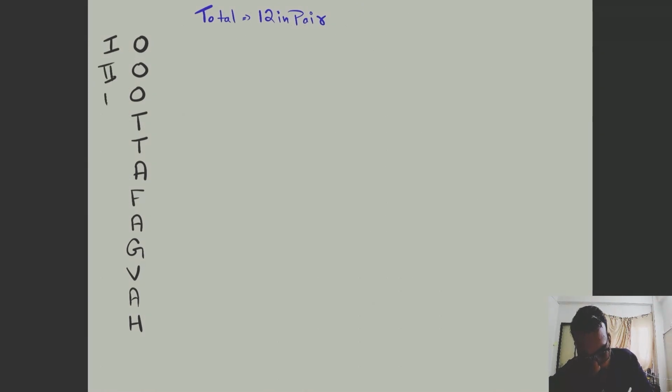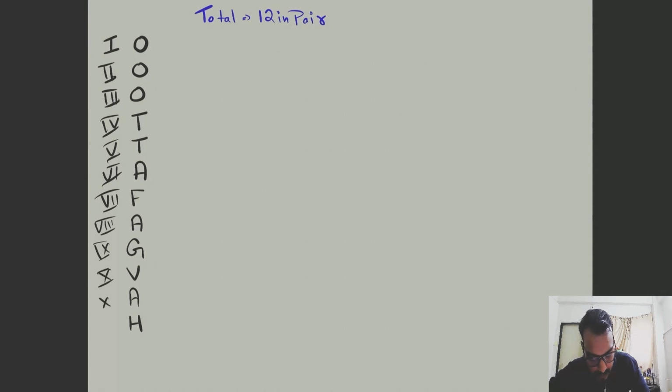Cranial number 1, 2, 3, 4, 5, 6, 7, 8, 9, 10, 11 and 12. These are our 12 cranial nerves.